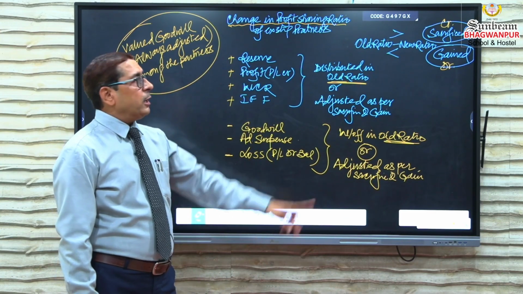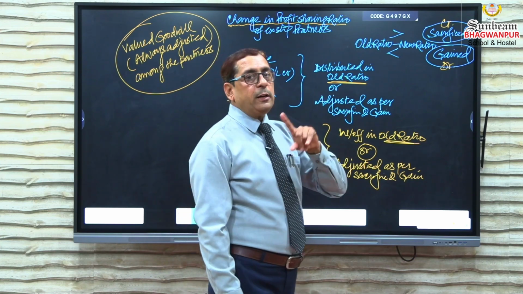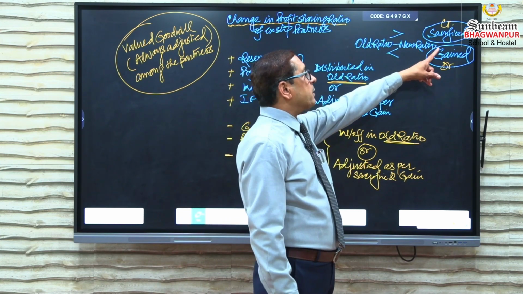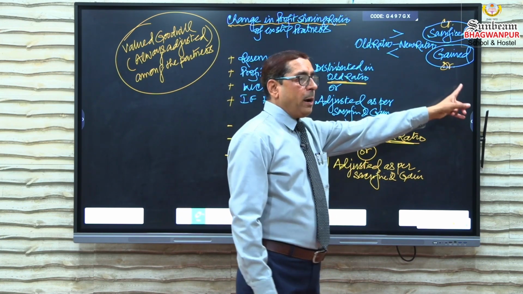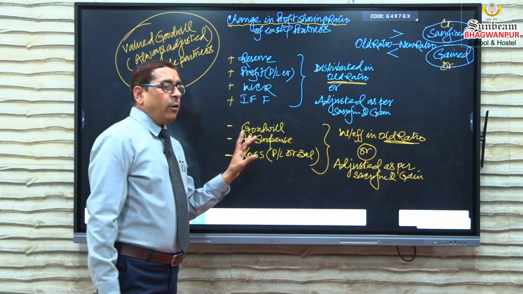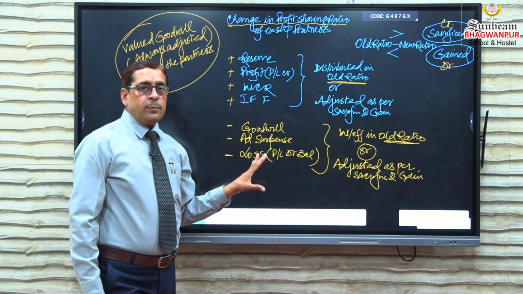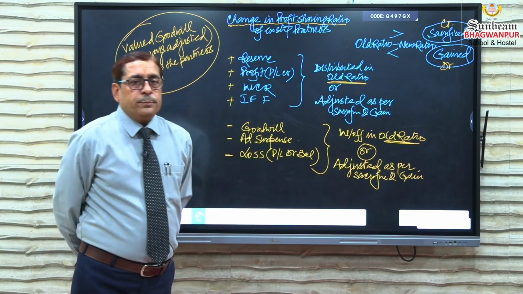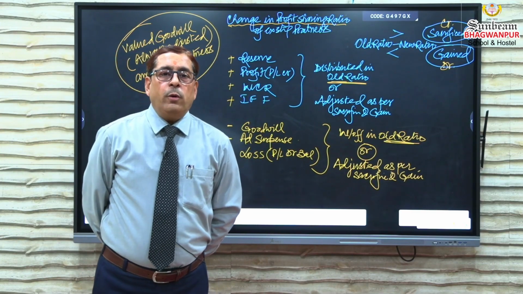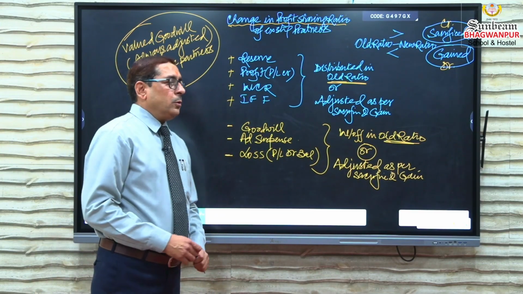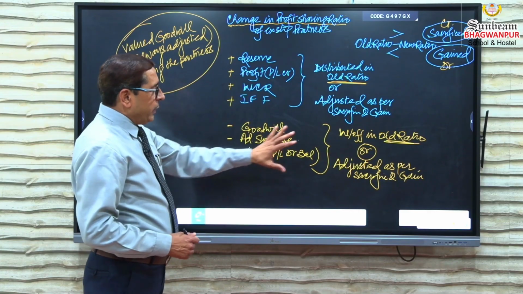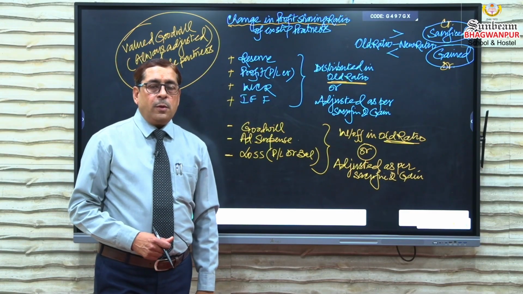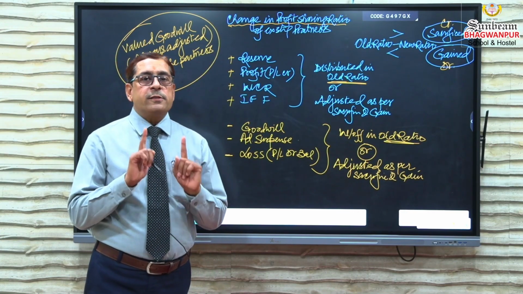Sacrificing partners' capital account debit. Remember, I am repeating it again and again: sacrificing partners' capital account debit to gaining partners, when it is for negative items. If all the items are given together in the question and you are asked to find out the adjustment entry, you are asked to pass a single entry.